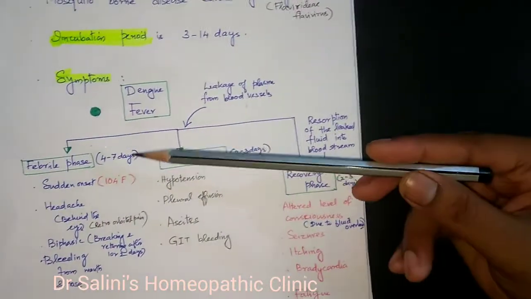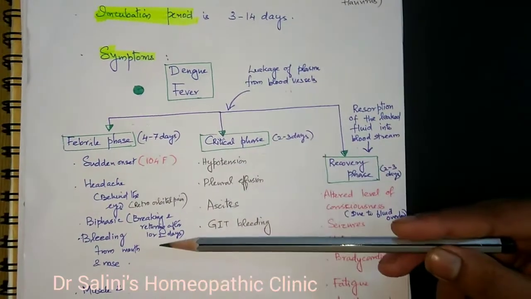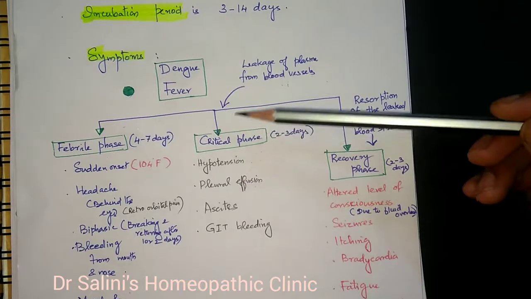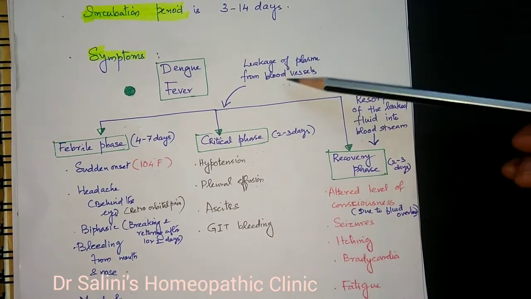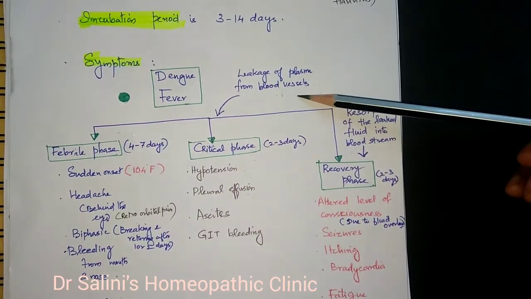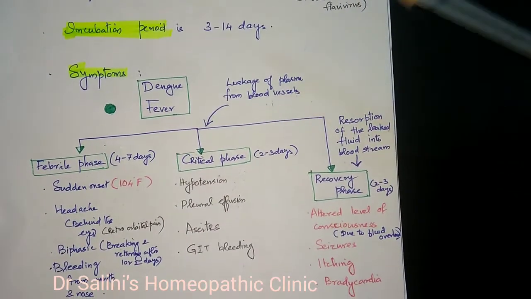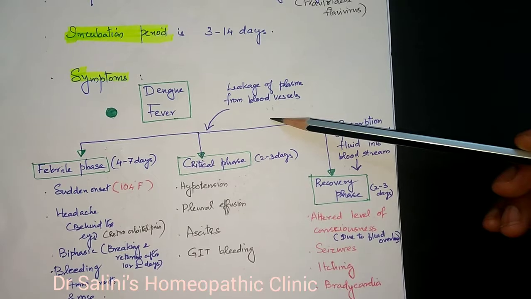For those cases which do not get resolved in the febrile phase, we move to the next phase, the critical phase, which is due to the leakage of plasma from the blood vessels. Why this leakage of plasma from blood vessels is happening, we'll be discussing in the pathophysiology.